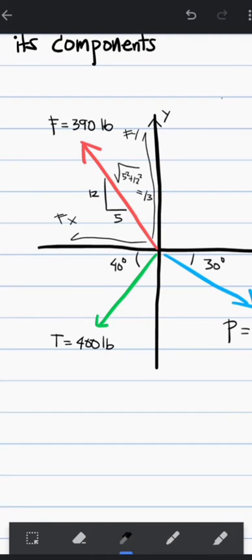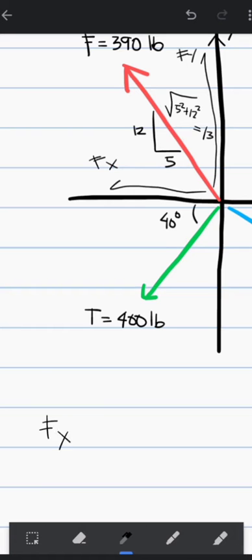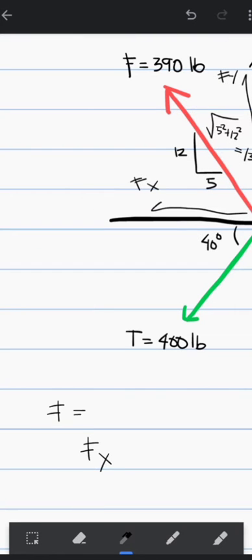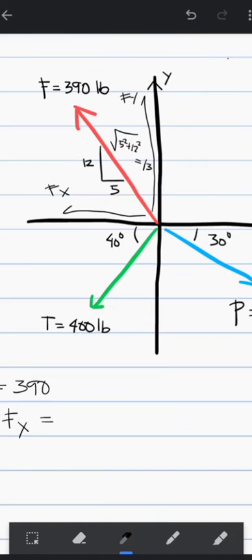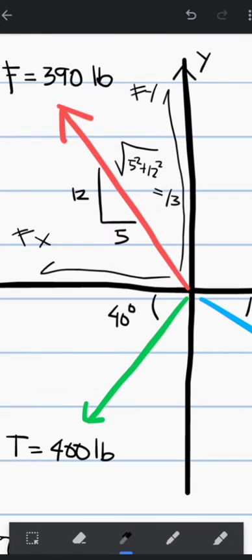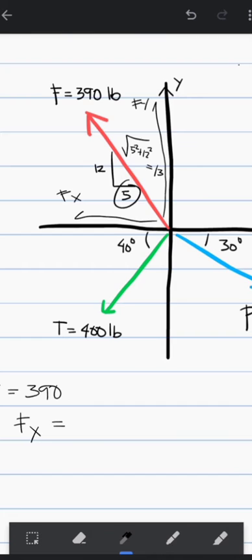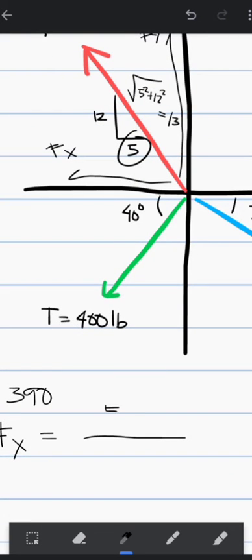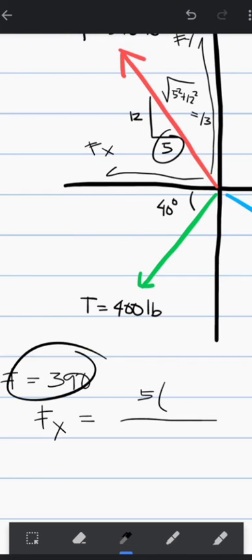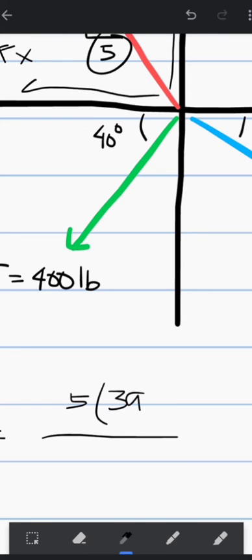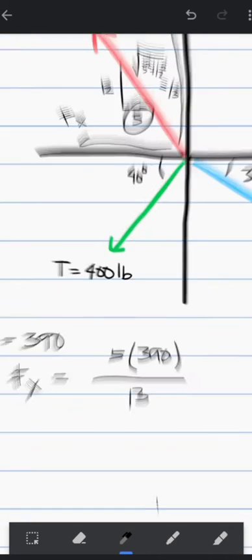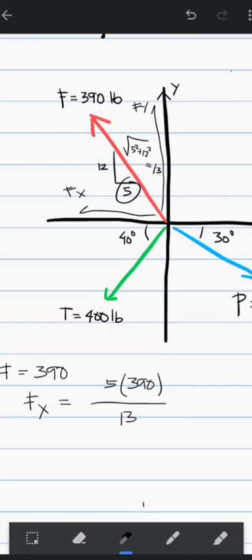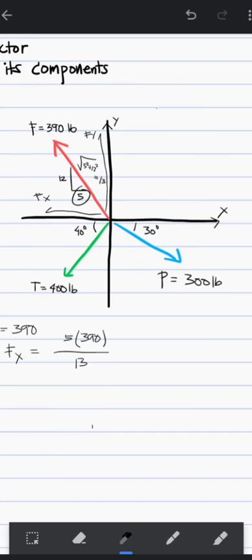Now, for f of x, you know that F equals 390. For f of x, again, we will use this 5, the x component, 5 times the magnitude, which is 390, all over the hypotenuse, 13. And then, one last thing we need to consider is its direction.